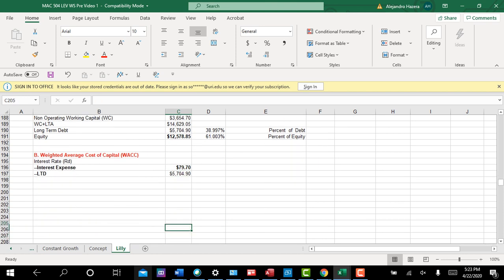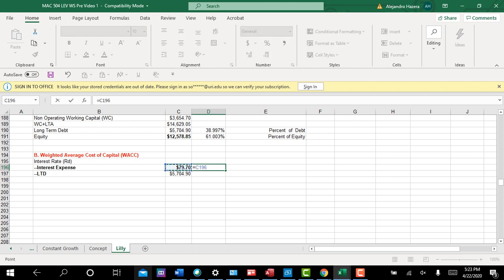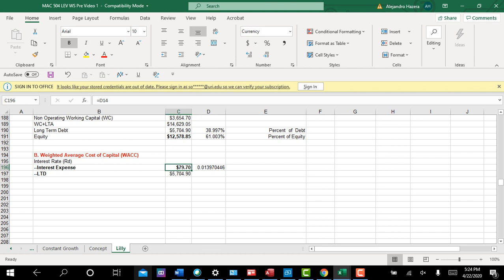Okay, so let's see. The interest rate that I'm going to use, the RD, in my calculations for weighted average cost of capital, is about 1.4%. And that number is just the interest expense divided by the long-term debt.